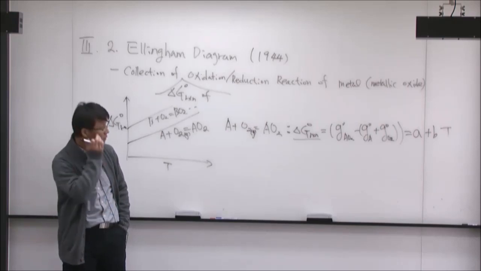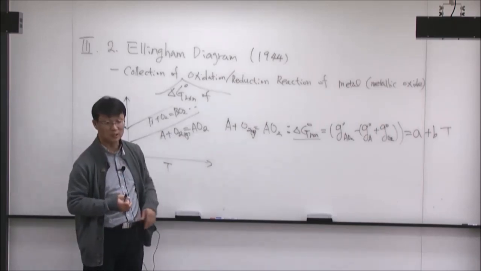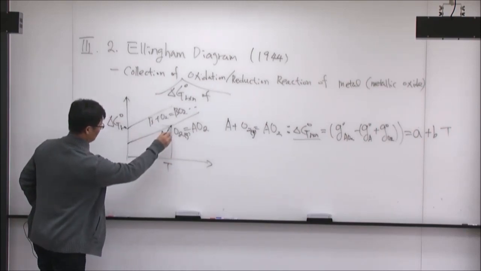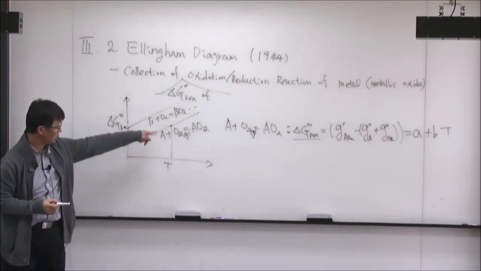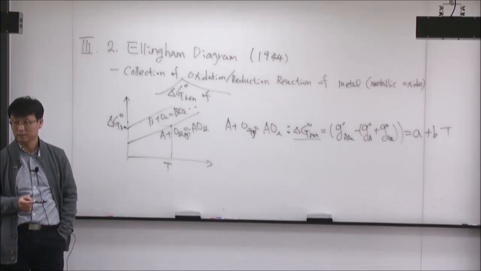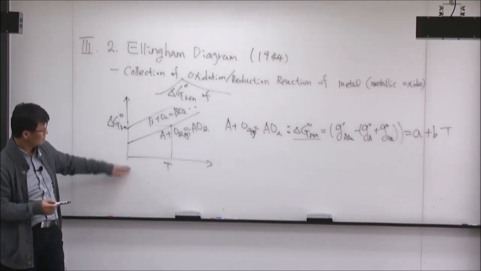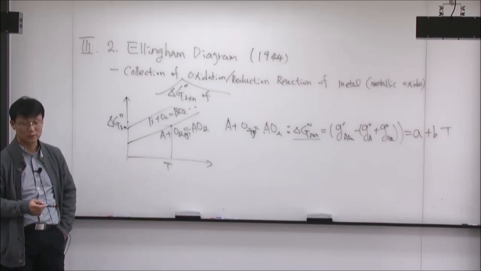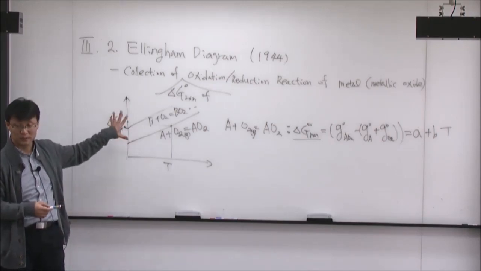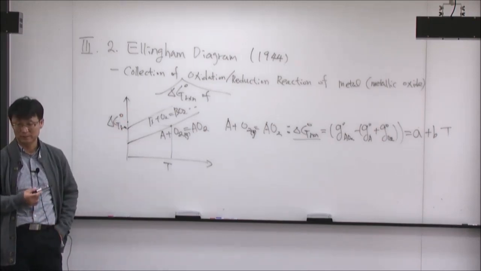That's the equilibrium state. So I need delta G naught at the given temperature. For example, if I read this one, this is my delta G naught for this A plus O2 becomes AO2 chemical reaction. Okay? So it's a collection of the thermodynamic data of the oxidation reactions of all the metals in one graph. That's the Ellingham diagram.